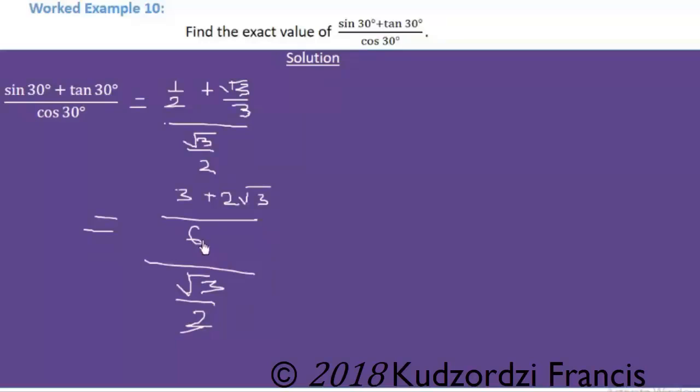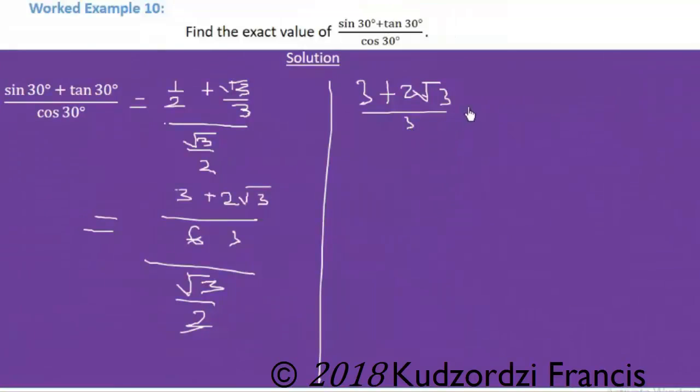So this will go here 3 times, so this will simplify to 3 plus 2 root 3 over 3 divided by root 3.